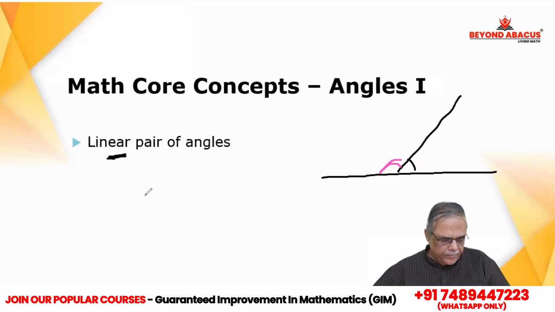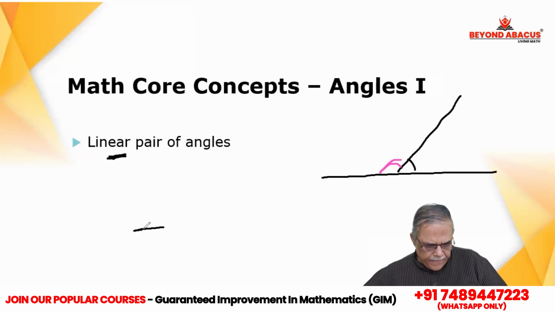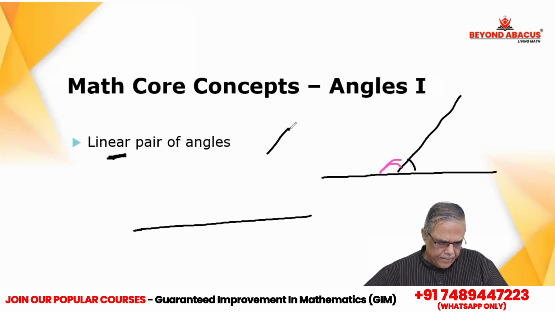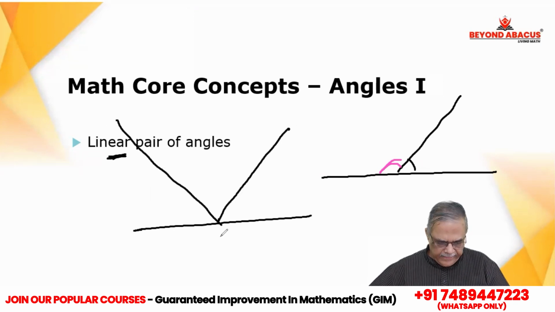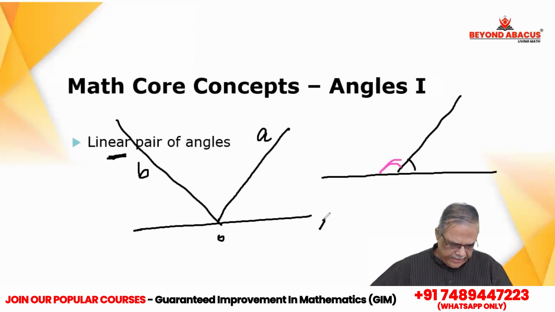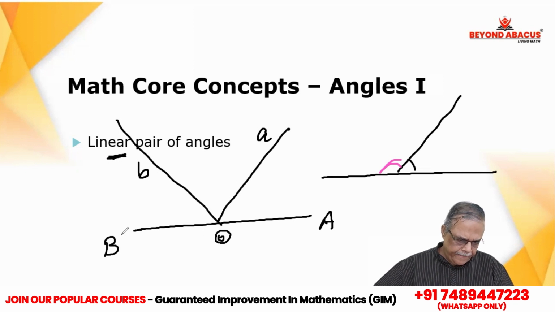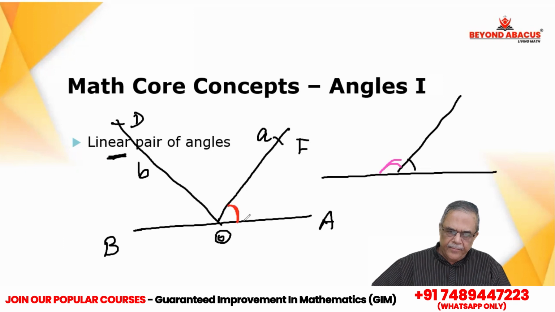Now we go a little deeper. Can it be that I have many lines meeting at a point like this? Suppose this is the point O, and we have this A here, we have this B here. They are all meeting at O. This is O, this is B, this is some F, this is some D. Now this angle is there.